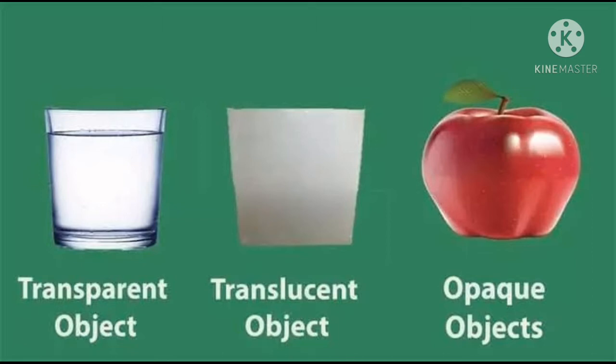Therefore, we cannot see through them. They reflect or absorb almost all the light that falls on them. Materials that do not allow light to pass through them are called opaque materials.